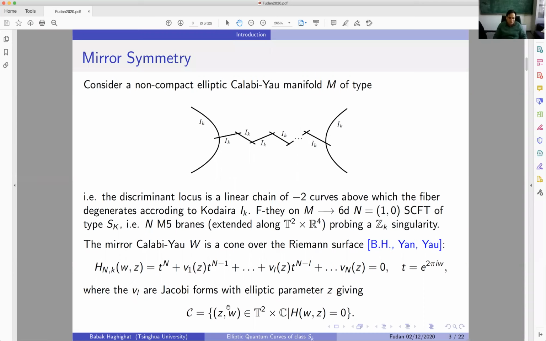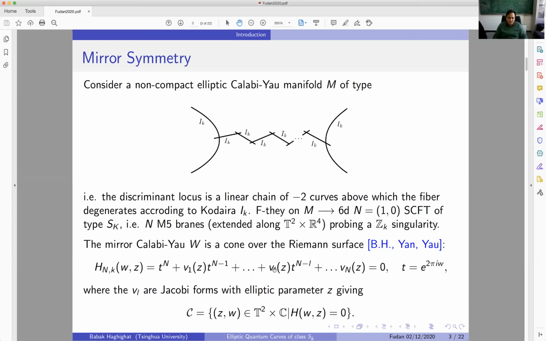This is the crucial new ingredient here, that we have the z, w coordinates living on T2 times C now. And then this equation is, of course, a hypersurface in this space. Okay, so this is roughly how we can think about these equations.